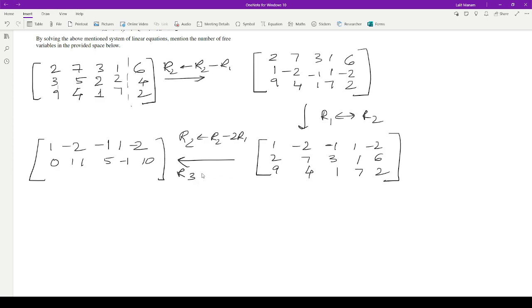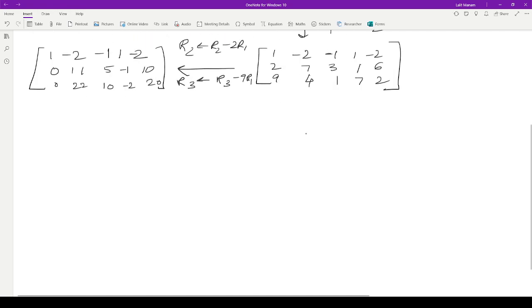Again for the third row we try to make the first element 0, which means we are subtracting 9 times the first row from the third row, and it gives 0, 22, 10 minus 2, and the last one is 20.